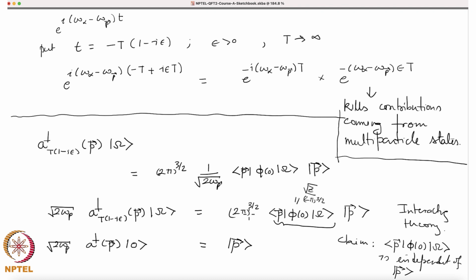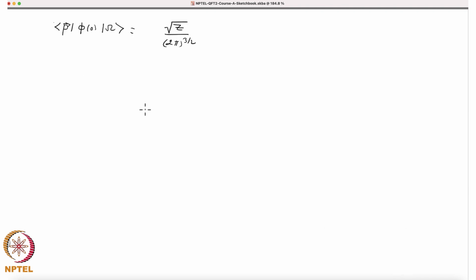So this 2 pi 3 half will cancel this 2 pi 3 half, and you will be left with root z times this single particle state. If I take that root z to the left hand side and combine with A dagger, you'll have A dagger divided by root z, and then you have exactly this form as in the case of single particle state. So let me write it down.